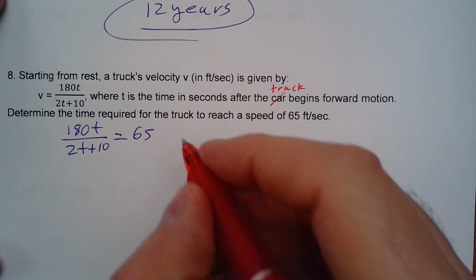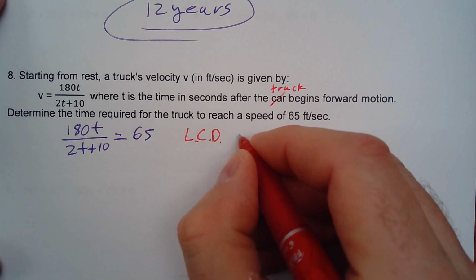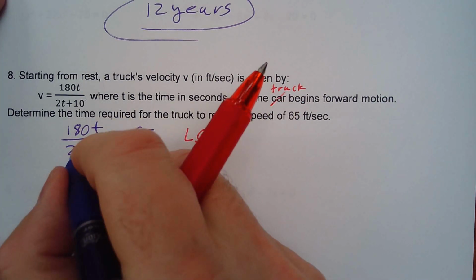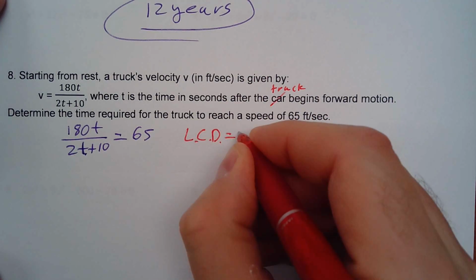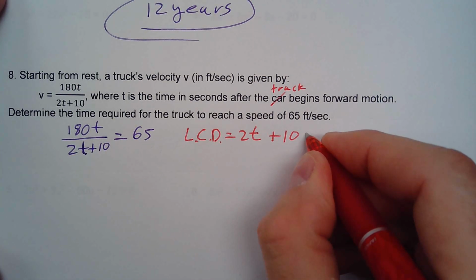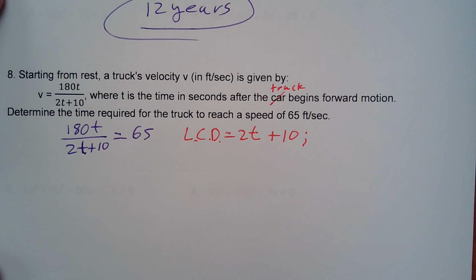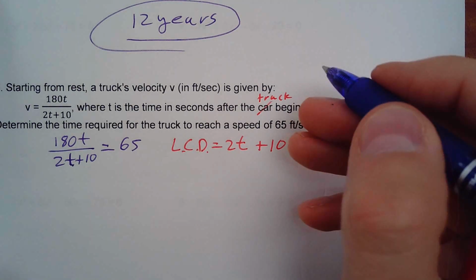My LCD, yeah, that's supposed to be a t there. Let's make sure, there we go. My LCD is going to be 2t plus 10. Again, I can note the restriction, though in the context of this problem it's not going to make a difference because my time can't be negative.